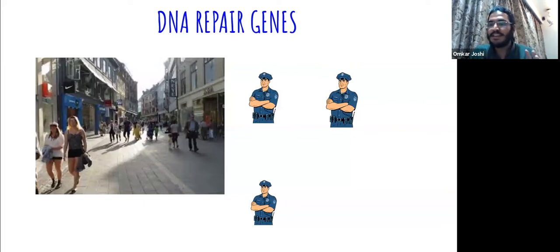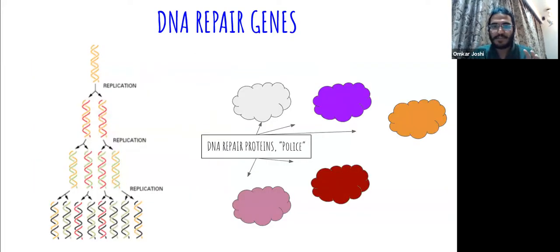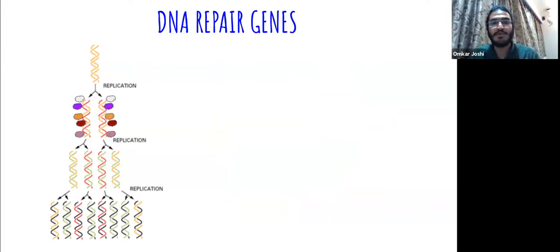This is exactly what happens during DNA repair. So these DNA repair proteins that I've been talking about act as policemen, right? So after every round of replication, they will go and scan this entire duplicated molecule of DNA such that if there is any mischief or misbehavior, in the sense, if there is any error which is happening during this process, then they will go, catch the error and fix it.